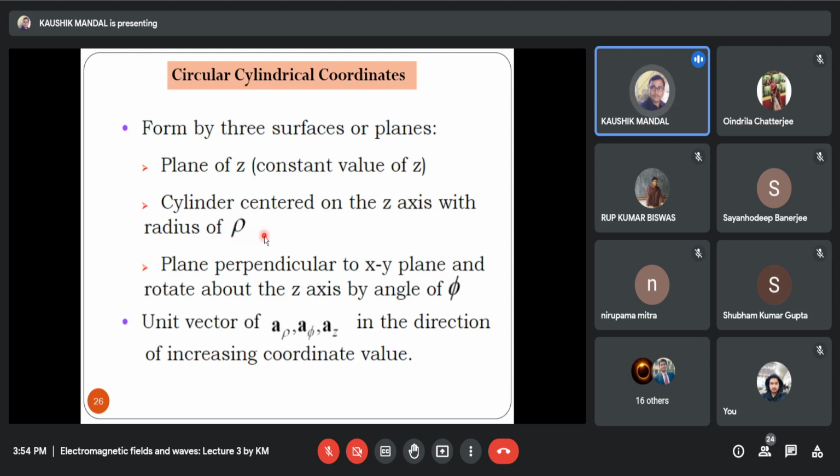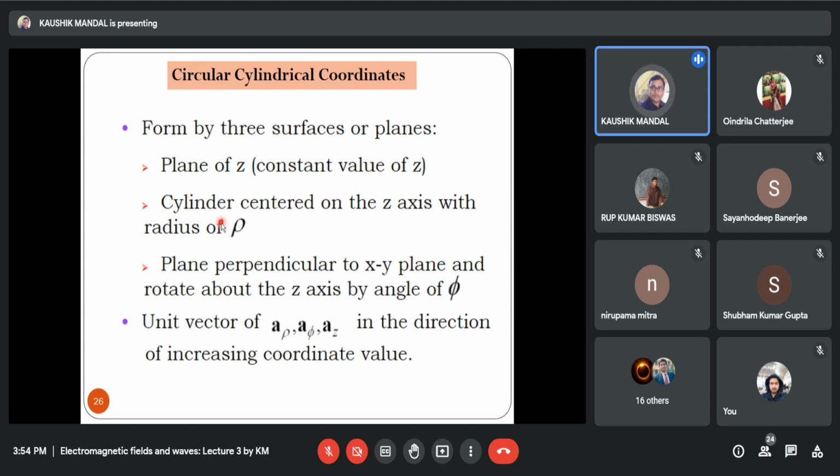So we are considering a cylinder whose center line is along the z-axis. The radius of the corresponding cylinder is rho. First we have considered a plane with a constant z value. That is the top or bottom of the cylinder. This is the outer surface of the cylinder.